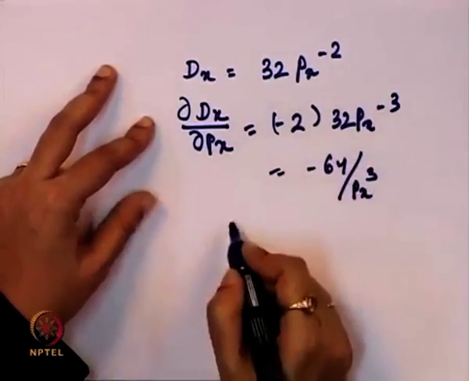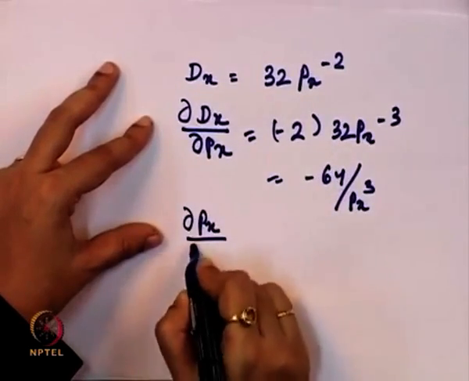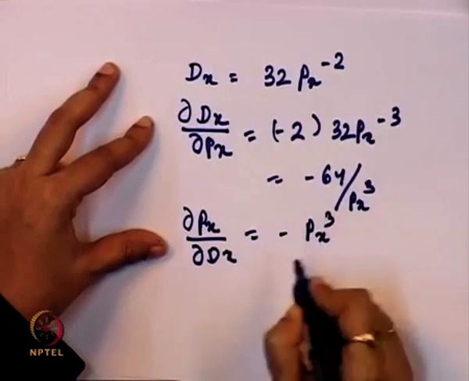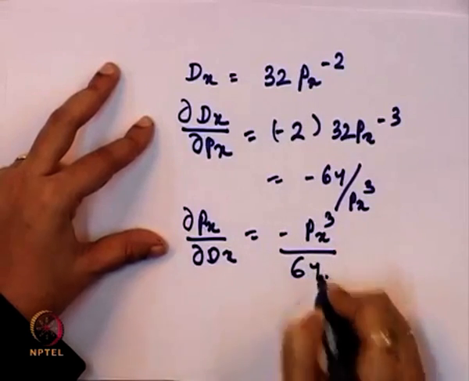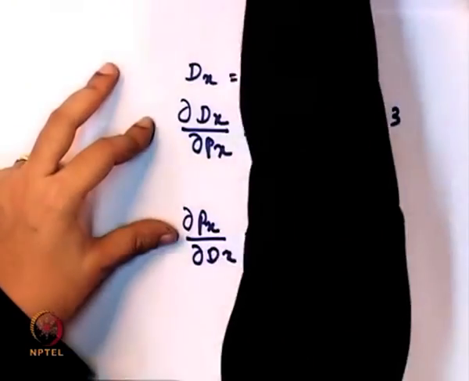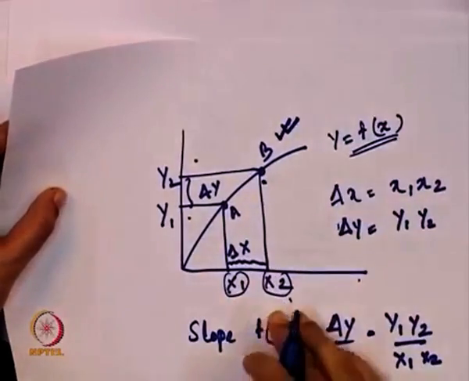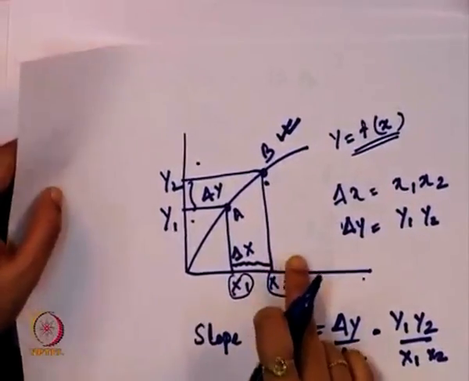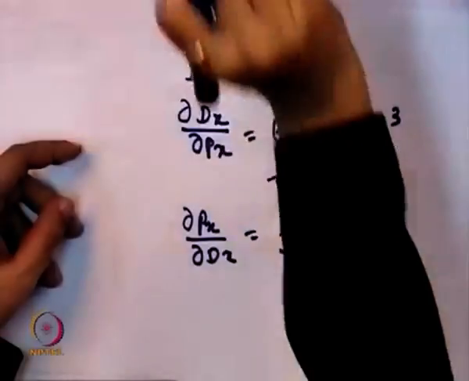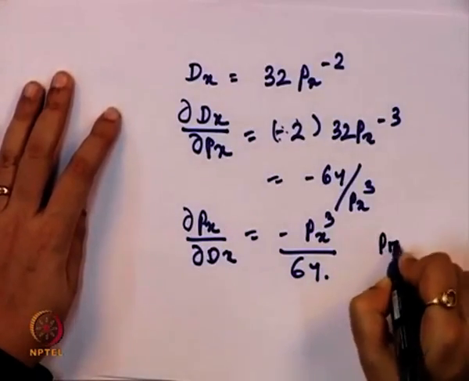If we take the reciprocal of the above equation, then this is del px by del dx, and this is minus px cube by 64. Now, consider this function at point B, which we used in the graphical representation earlier, and substitute price equal to 4.